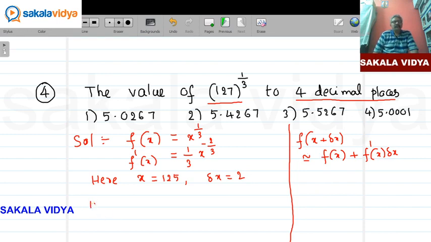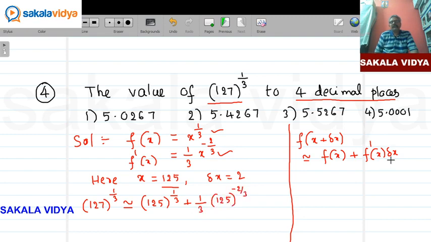So 127 to the power of 1 by 3 can be written as approximately equal to f of x, means this one, and f dash x means this one, x means 125, 125 to the power of 1 by 3, next plus f dash x is 1 by 3 into 125 to the power of minus 2 by 3 into delta x, which is 2. So we need to simplify this one.